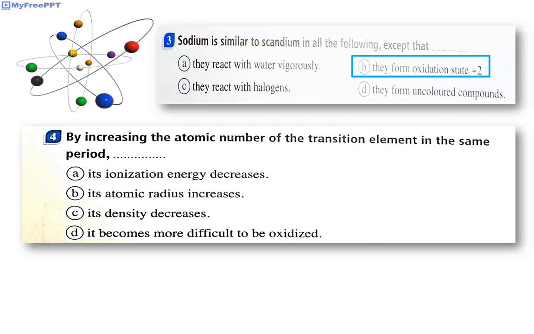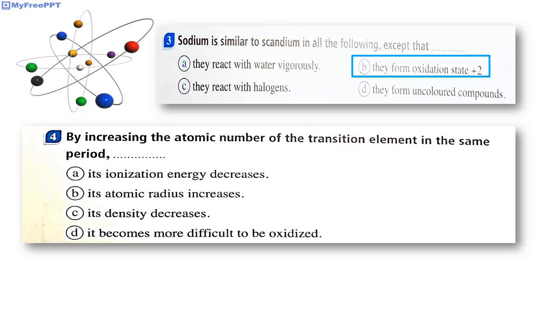Another question, question number 4. By increasing the atomic number of the transition element in the same period, what is the most important thing that happens? Its ionization energy increases. Its atomic radius increases.